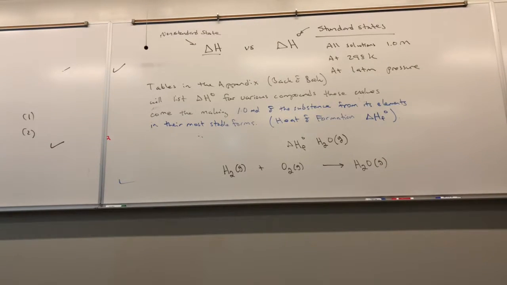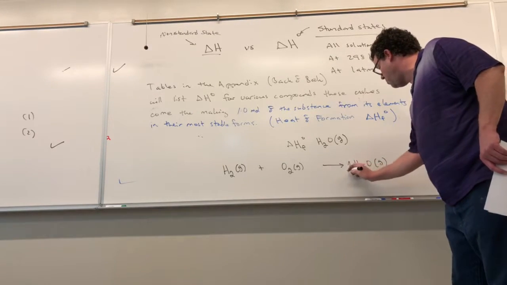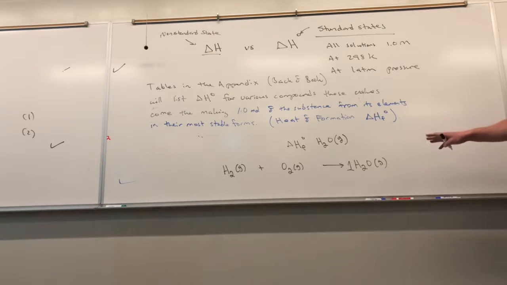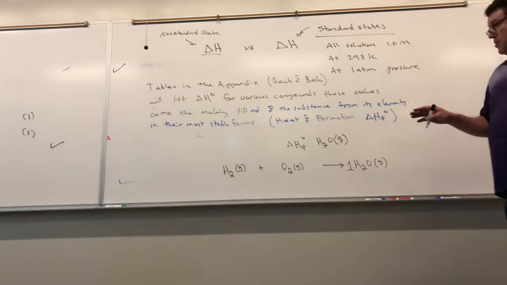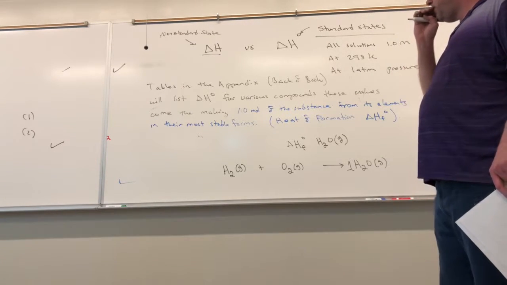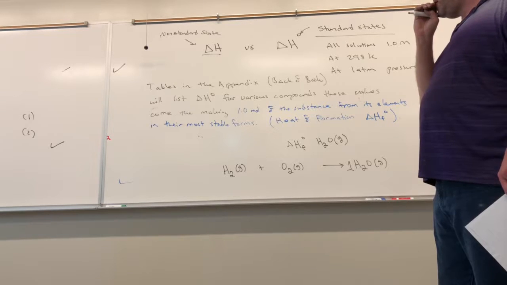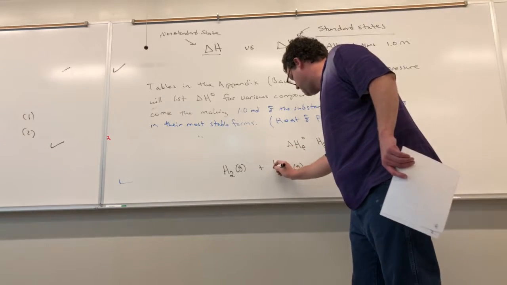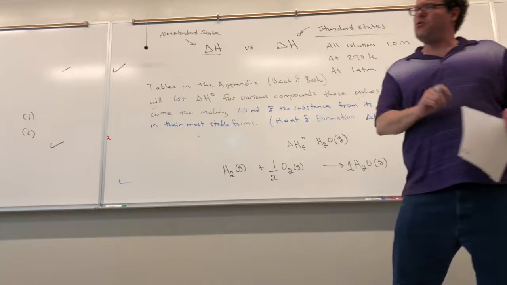Now, that equation is not balanced, okay? But I want to make 1 mole of water, so I can't change that number right there, okay? So what would I need to do to balance this equation? Half of oxygen. Yes. Is that okay to do that?